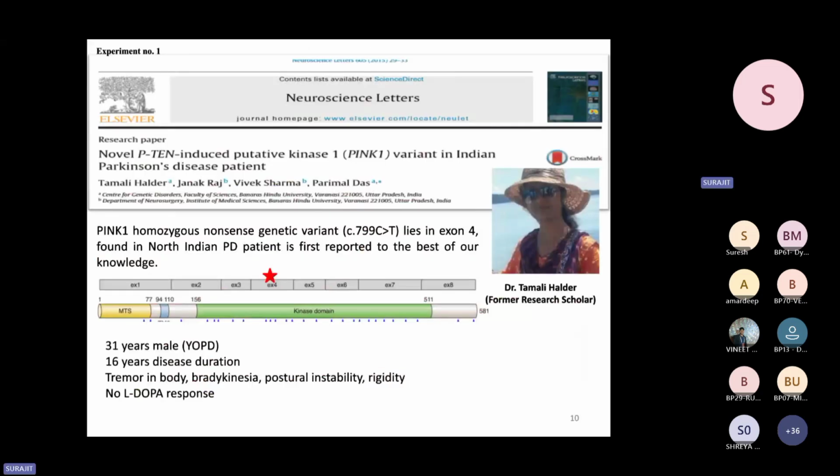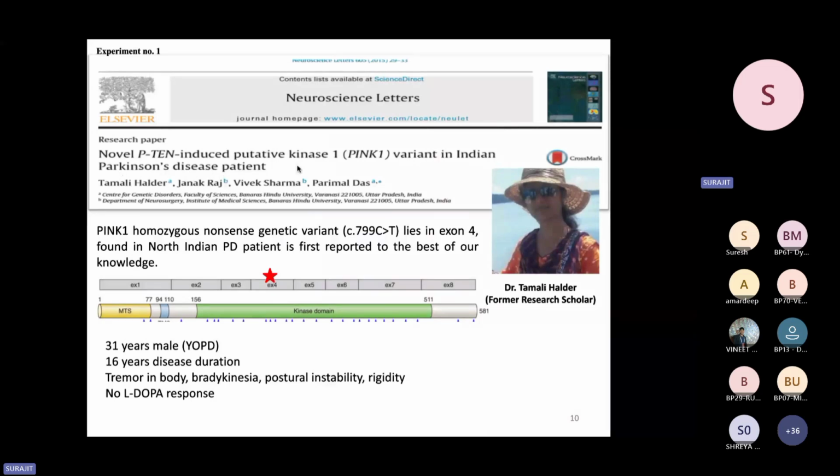So let us enter into some of the work which was done in our lab. This work was done by my former research scholar from our lab, Dr. Tamali Haldar. It is on a novel PTEN-induced putative kinase PINK1 variant in Indian Parkinson disease patients.